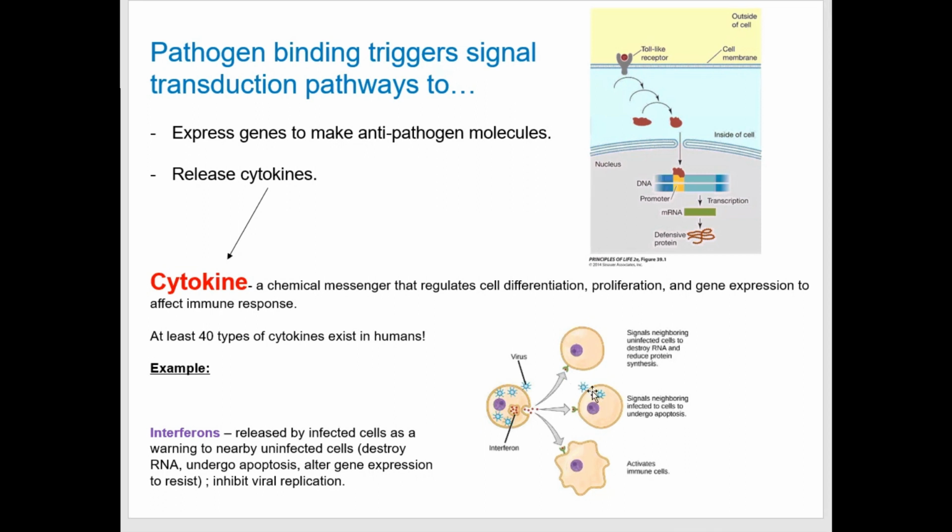If the nearby cells are already infected, that signal may trigger apoptosis, so that cell is going to die. And then this particular signaling molecule can also activate other immune cells, so we can move on and get help from other immune cells out there.